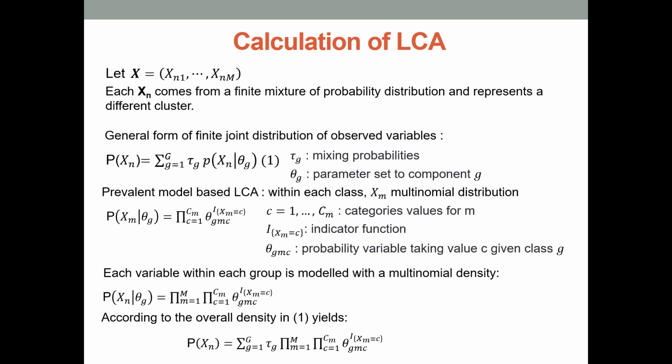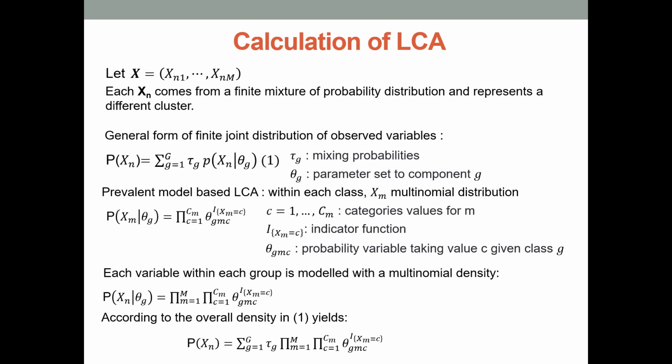In this case, you have a matrix X. Each line of the matrix will be a patient, and each column will be a variable, for example, sex, diagnosis, and so on. The first thing you are going to find is the probability of one patient.